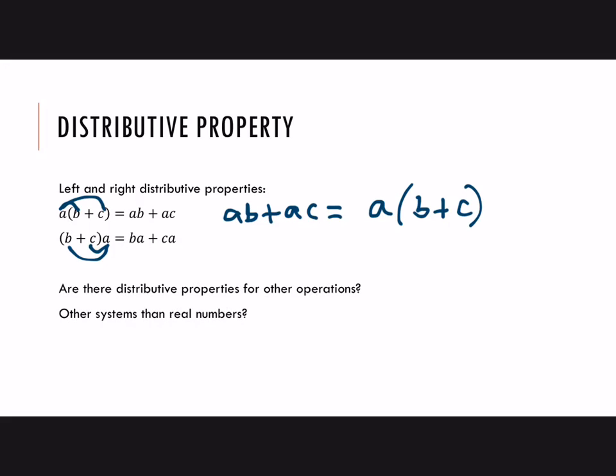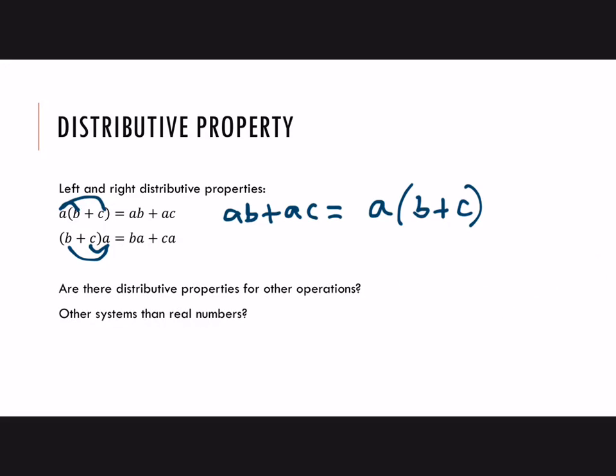Are there distributive properties for other operations? Well, one example in your homework that I'd like you to think about is this one. What about for exponents? Does (A plus B) squared equal A squared plus B squared? Is that a true statement? Can I distribute an exponent into parentheses?